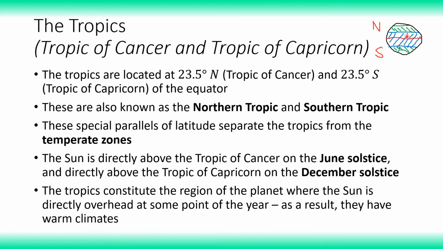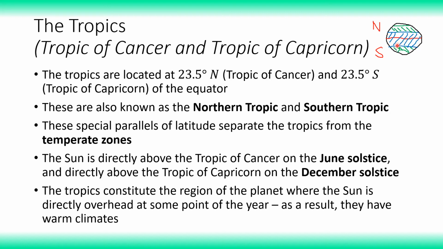So the sun starts out being, let's say, overhead right here on the June solstice, and it'll still be overhead all the way around the planet there on the June solstice. And then as we progress through the summer and into the fall, then in the September equinox, it'll be right on the equator.